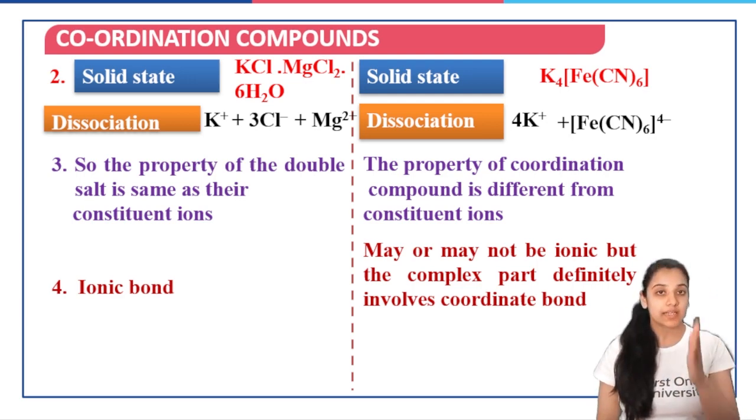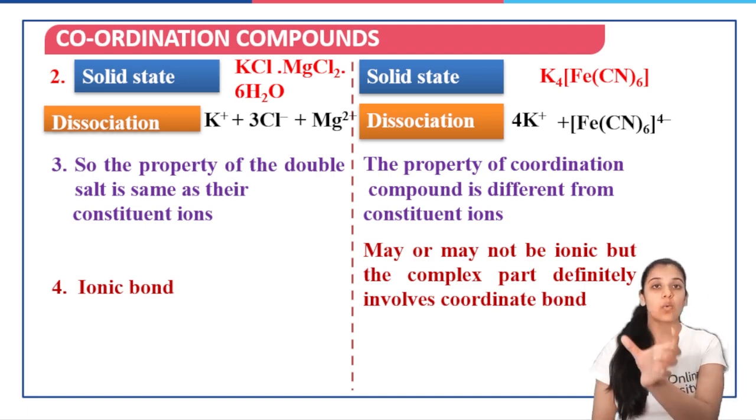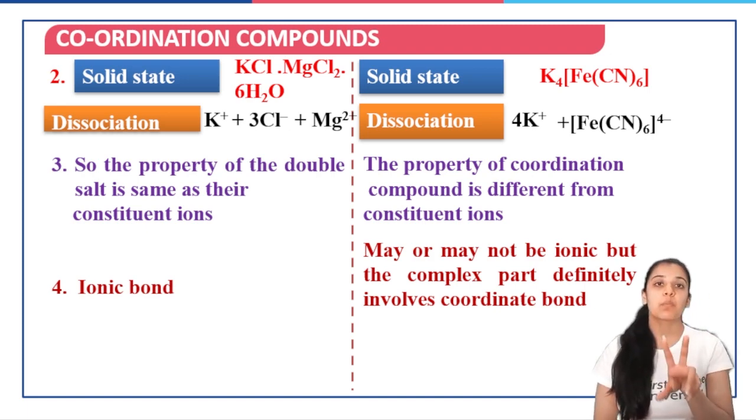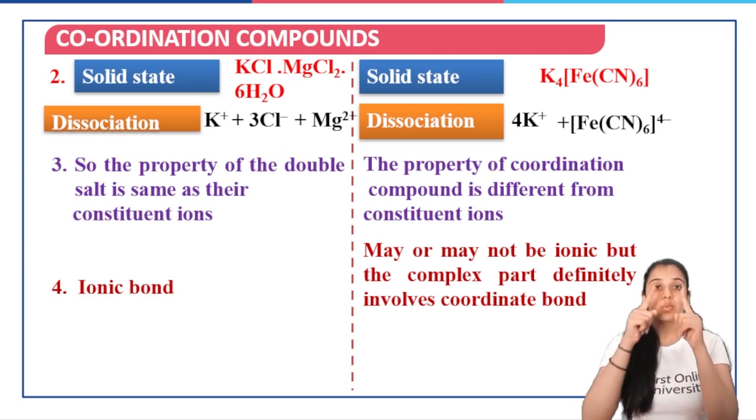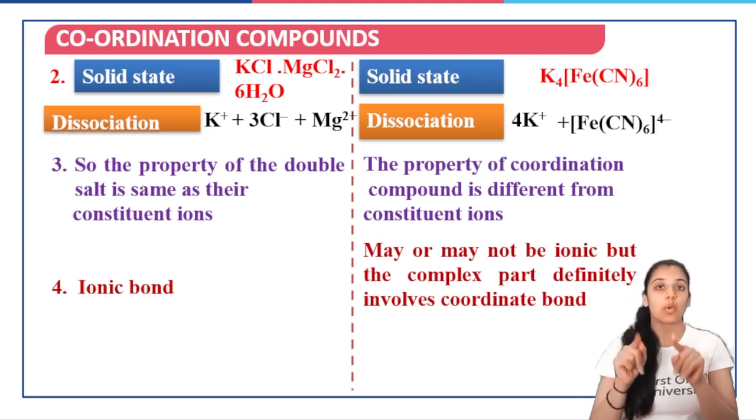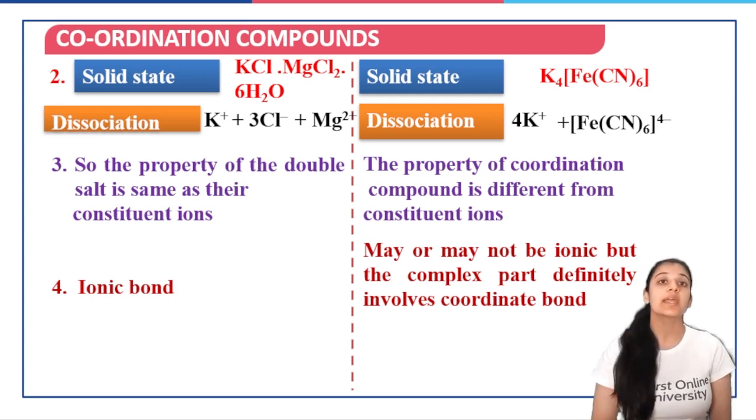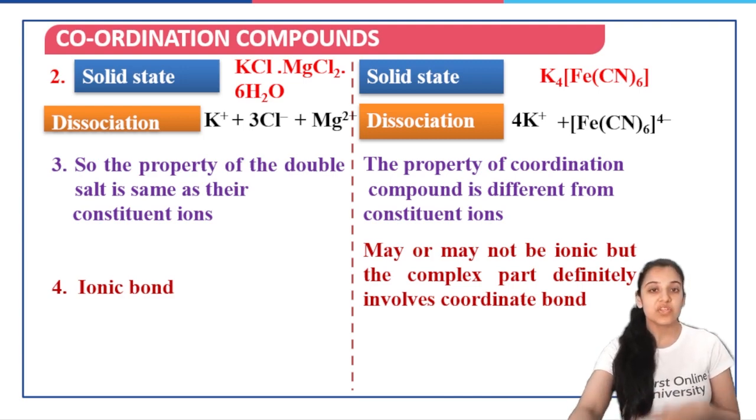So the cation, that is K+, and the coordination sphere can have an ionic bond existing between them. But within the coordination sphere, within the square brackets, we will always have a coordinate bond existing between the metal and the corresponding ligand. So here, CN- is my ligand, which is an ion, a negatively charged ligand.